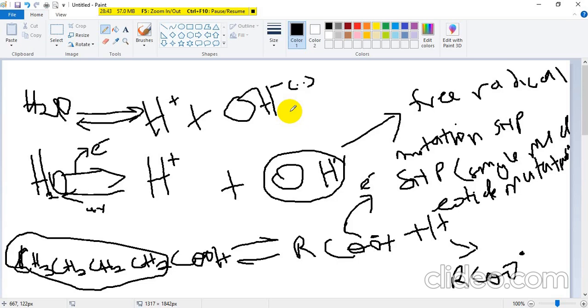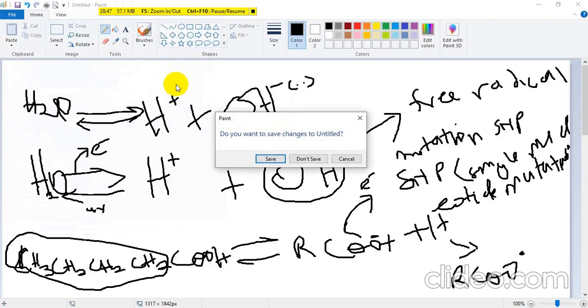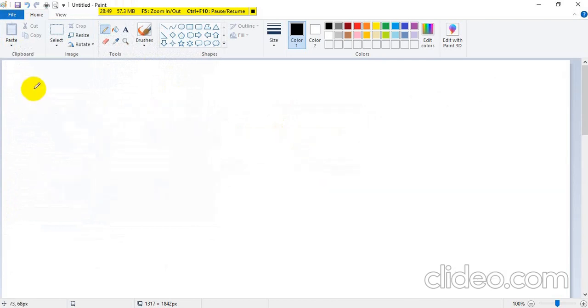So you have to start taking antioxidants. Some of the antioxidants that we have, an example is vitamin C. Vitamin C is an antioxidant.